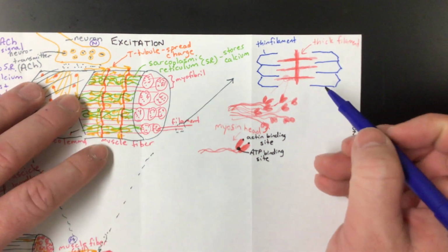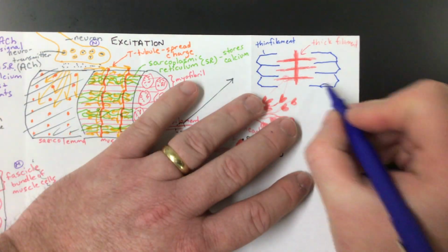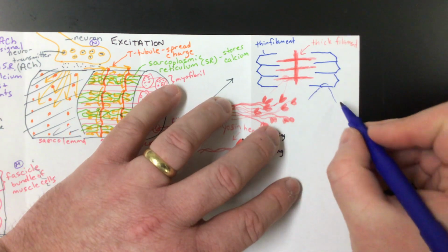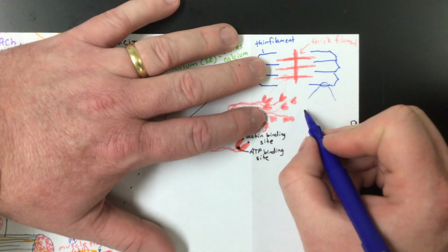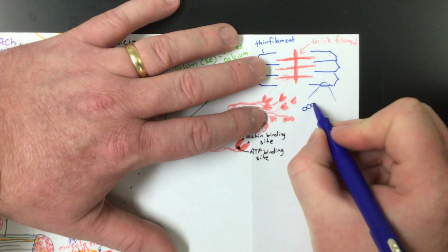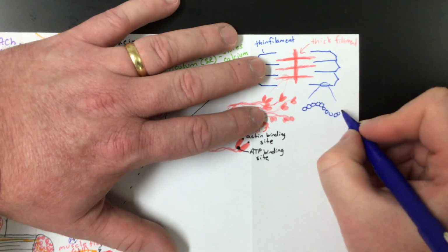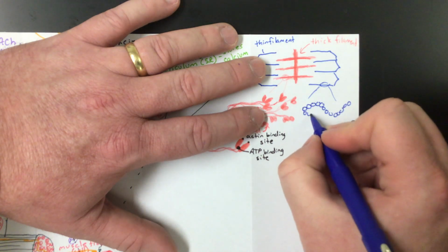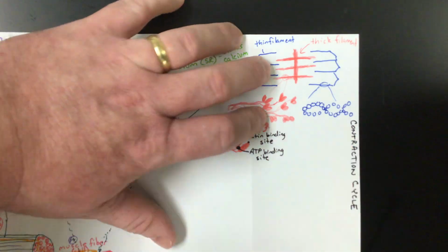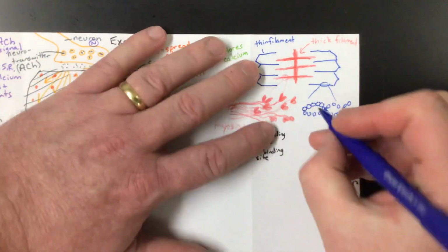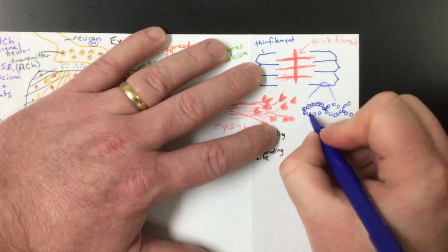All right, let's zoom in on one of these thin filaments and see how that looks. So we'll take one of those and we'll blow that up. And actin filaments, we can imagine those as looking kind of like a string of beads. And it's kind of doubled. All right, so actin filaments are these strings of beads, and we're going to put a little dot on each one of the beads.